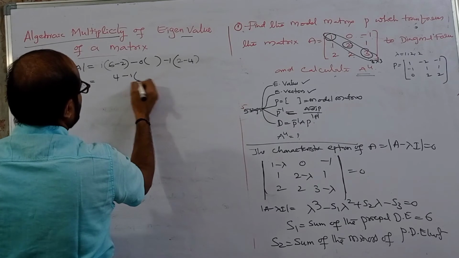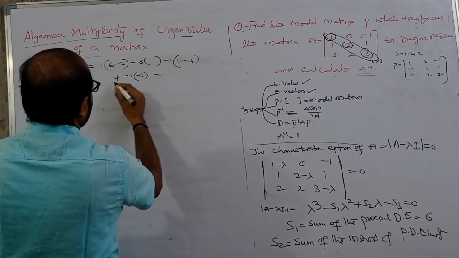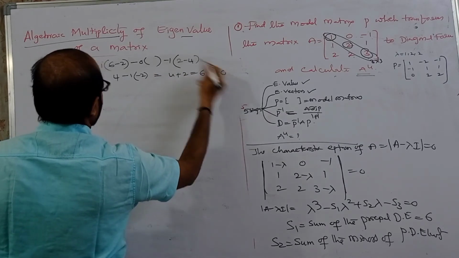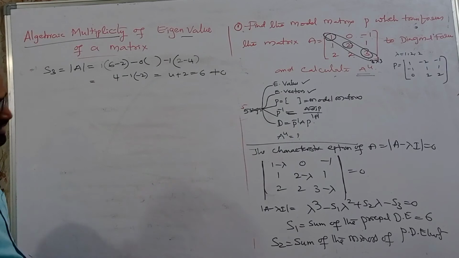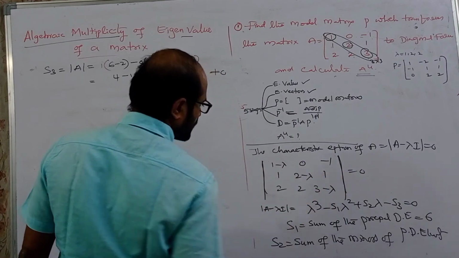Minus 1 into minus 2. So you will get 4 plus 2 equal to 6, which is not equal to 0, of course. Det A not equal to 0 means its inverse exists, right?